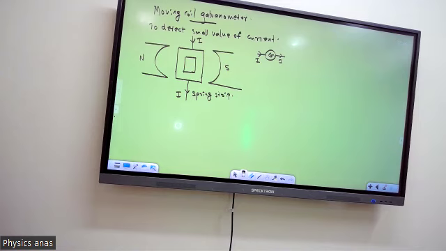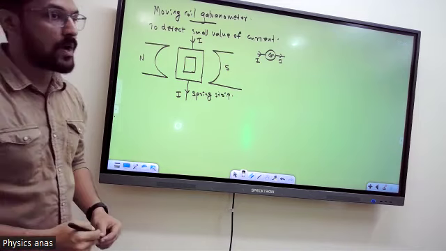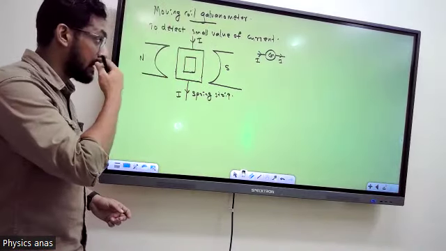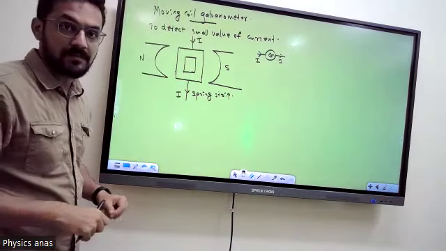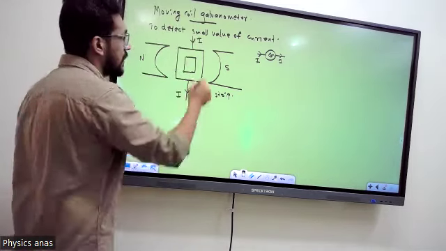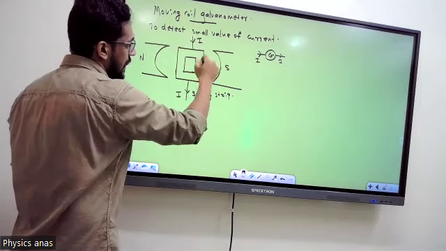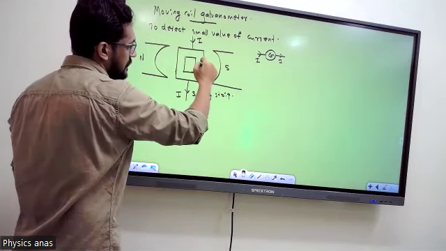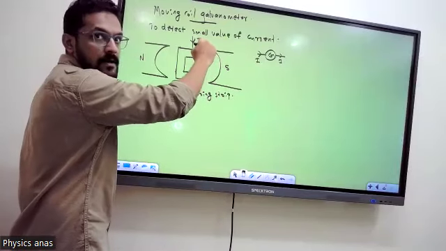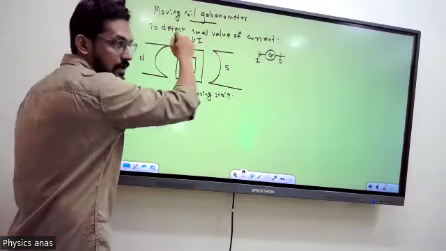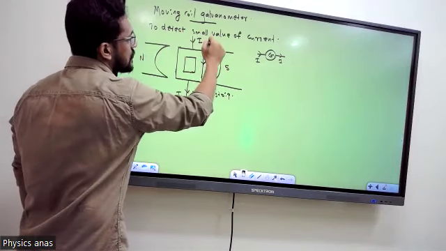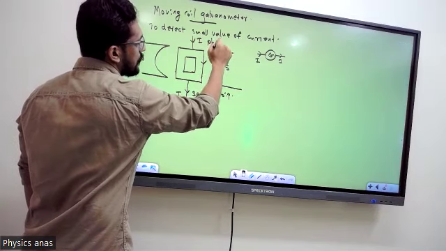Right? I will cut short the derivation part. Did you understand this idea? Okay. Now the current is entering like this. That means this is a coil, and current is entering the coil through a phosphor bronze wire. This is a phosphor bronze wire.